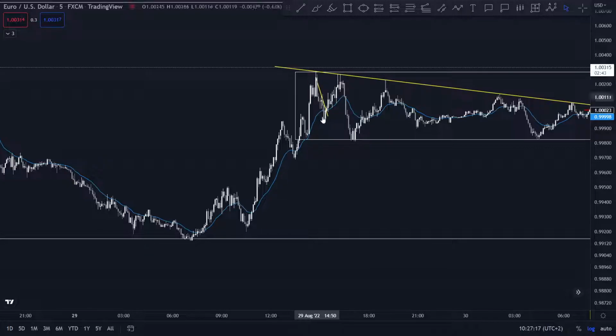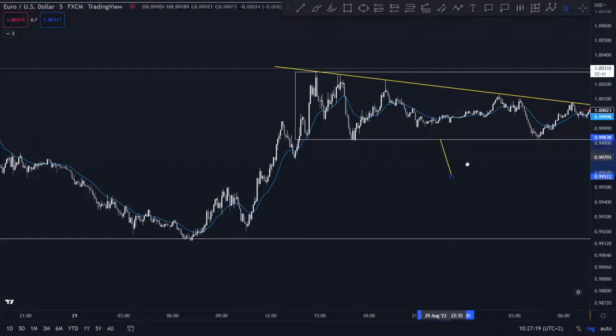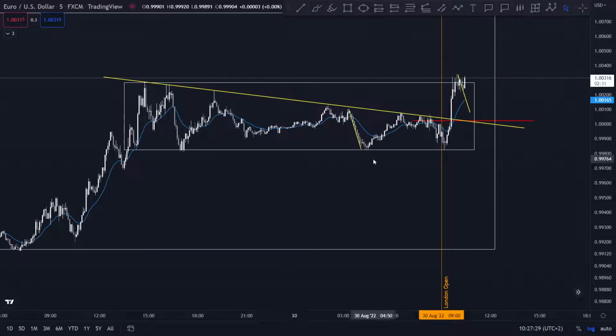Well, yeah, this move is more extended. This move is about a similar retracement to these two. And then we had a similar retracement here. So if the market was to retrace, I could expect something back down here. Hopefully it will not come down to that.